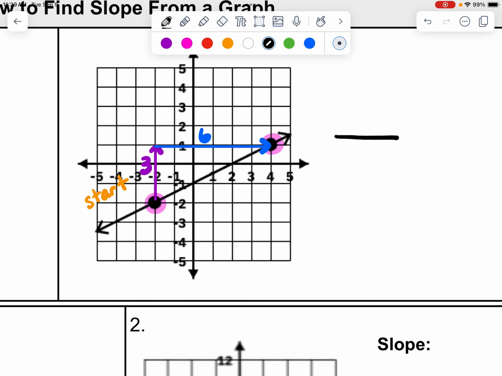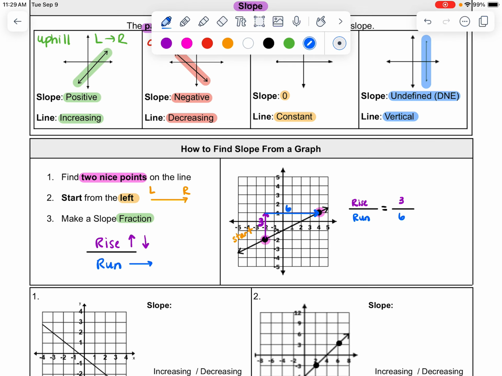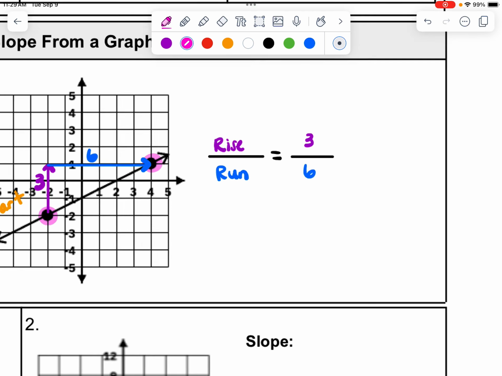In order to make my slope fraction, I'm going to put the rise number over the run number. So in this case, the rise number is 3 and the run number is 6. Now, after we're done writing our slope fraction, there is actually one last thing that we need to do.